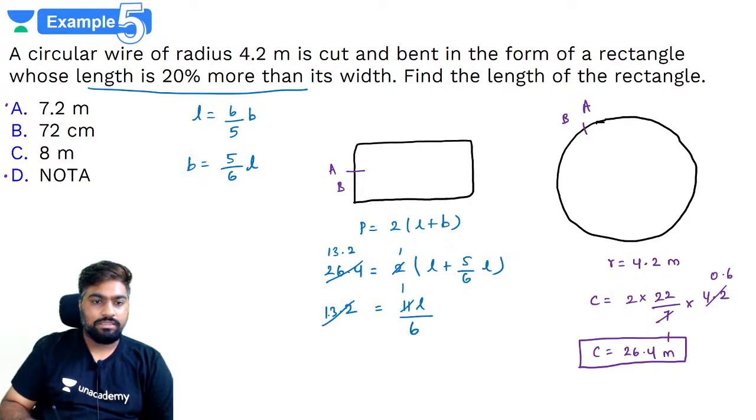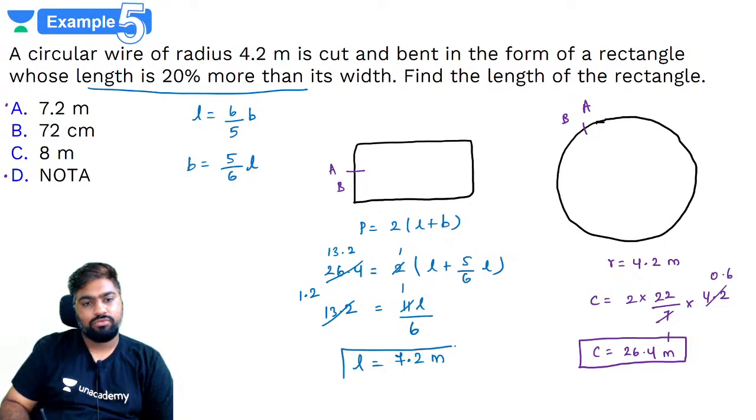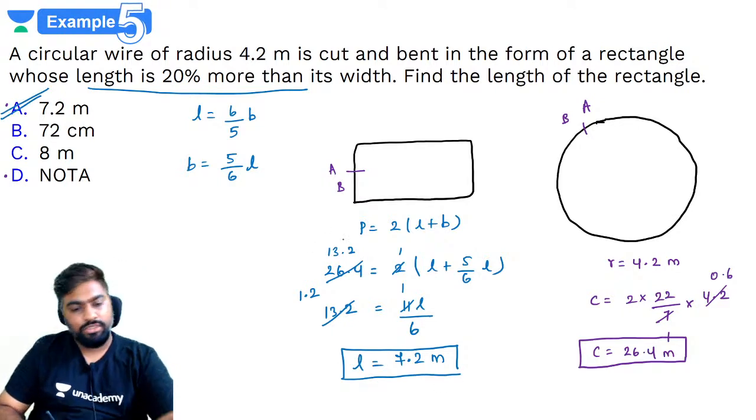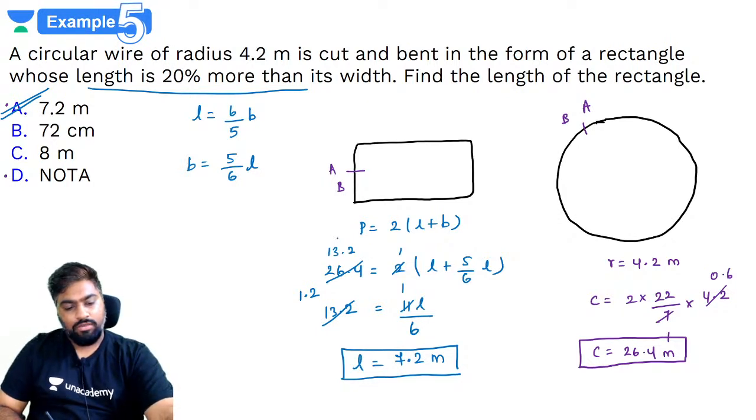This is once, this is 1.2 times, so L is 7.2 meters, precisely 7.2, not one less, not one more, absolutely precise. 7.2 meters. Got it?